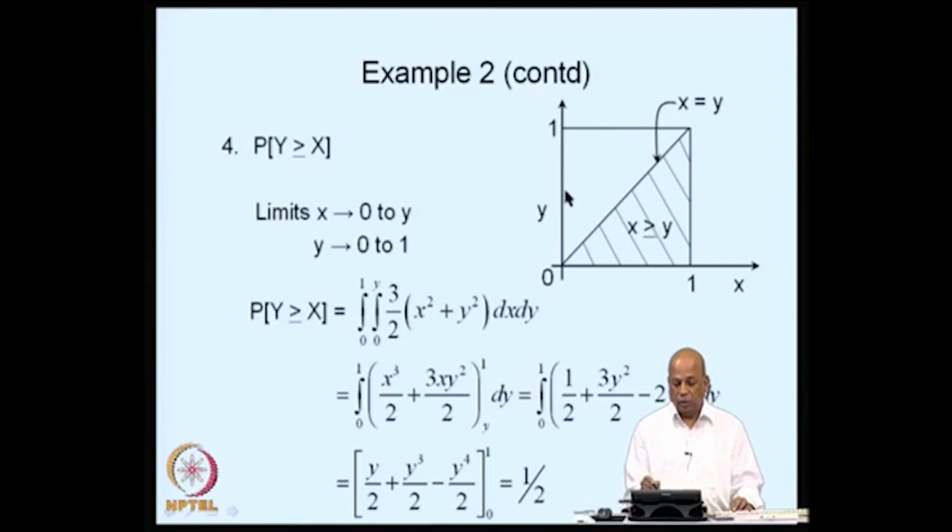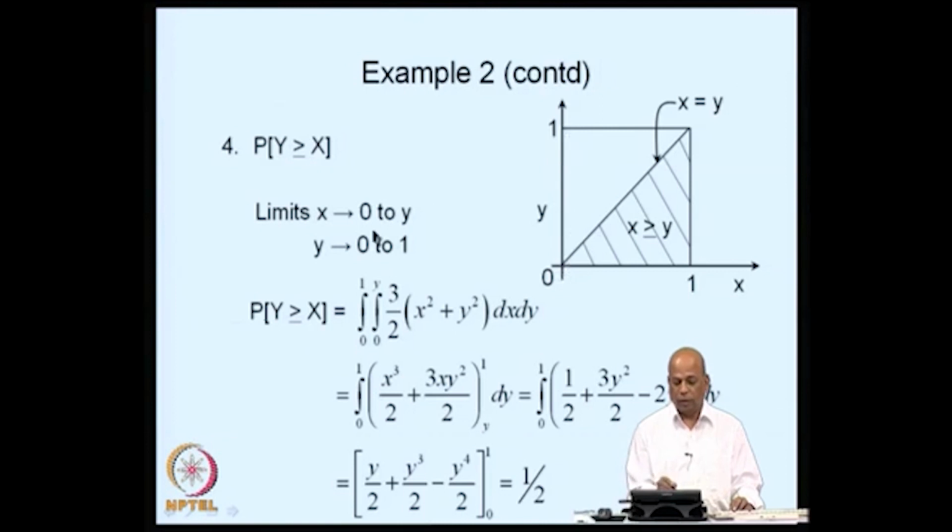In this region, let us say you take a horizontal strip, where x varies from 0 to y. On this line x is equal to y. So, x is equal to 0 here and x is equal to y here, and y varies in this region from 0 to 1.